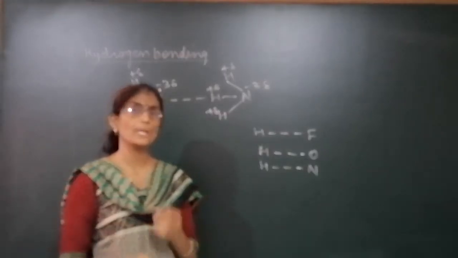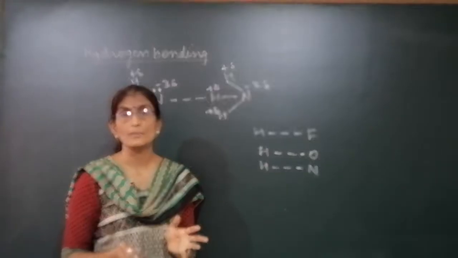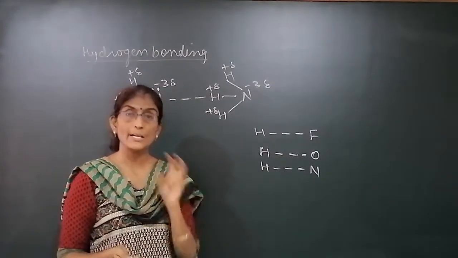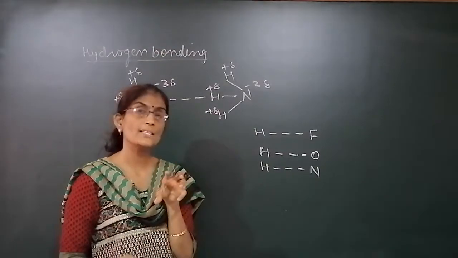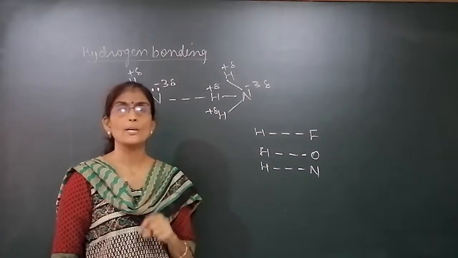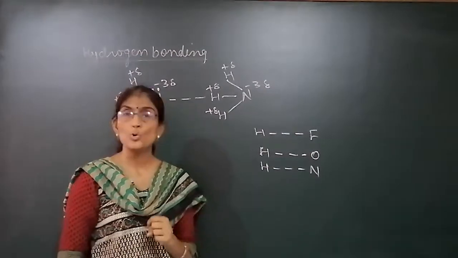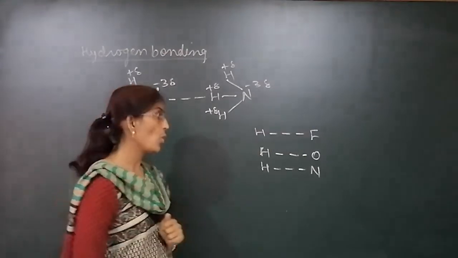Chlorine, though more electronegative, does not form hydrogen bond because the size of the chlorine atom is big. Due to bigger size, electron density around it will be less, and this lower electron density will not attract the positively charged hydrogen of another molecule. That's why chlorine in many cases does not form hydrogen bond, but in a few cases it does.